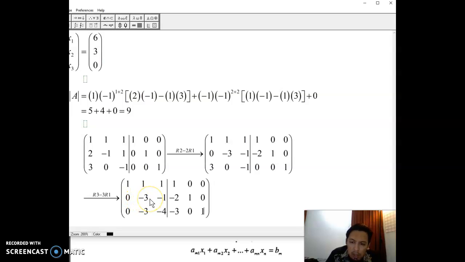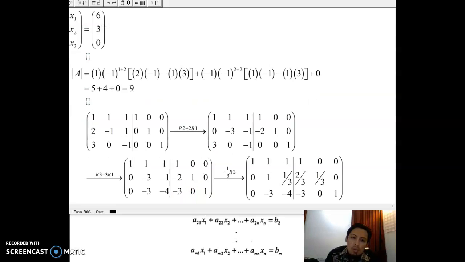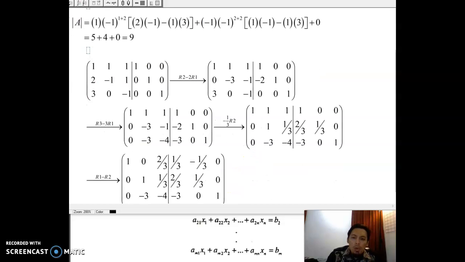Negative 3 times negative 1 over 3 will give us 1. So what we did is negative 1 over 3 times R2, which gives us this. We already get 1 here. Next, let's change this into 0, so R1 minus R2. Next we change this into 0. How to do that? Negative 3 plus 3 R2.